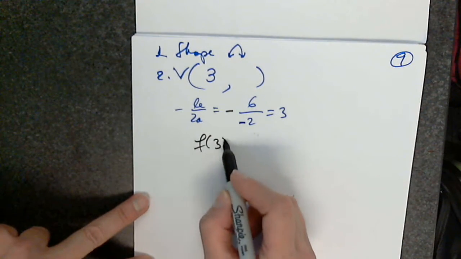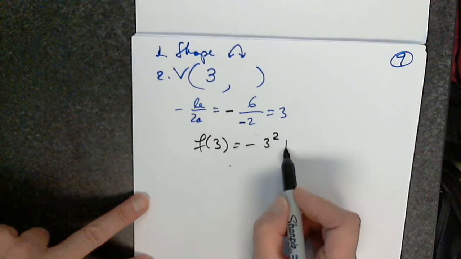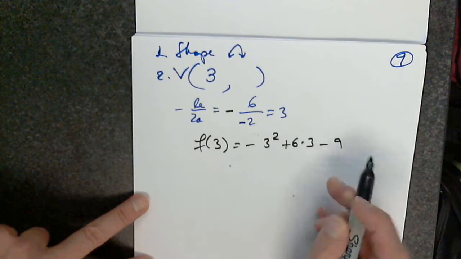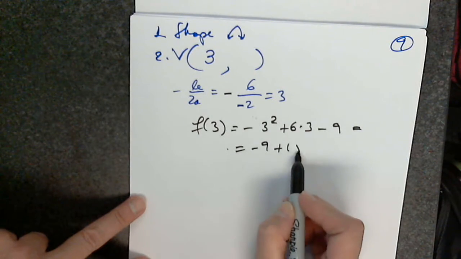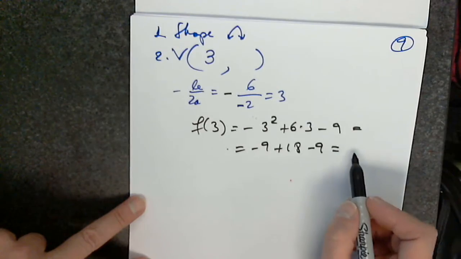Okay, f of 3 is negative 3 squared plus 6 times 3 minus 9. So this is negative 9 plus 18 minus 9, which is 0 indeed.